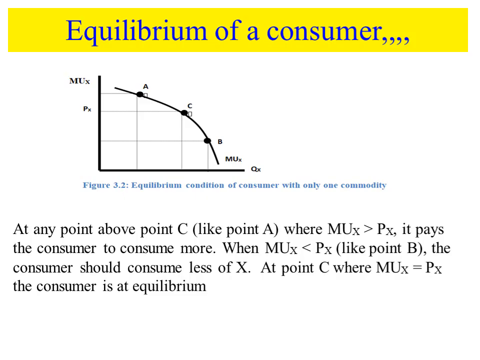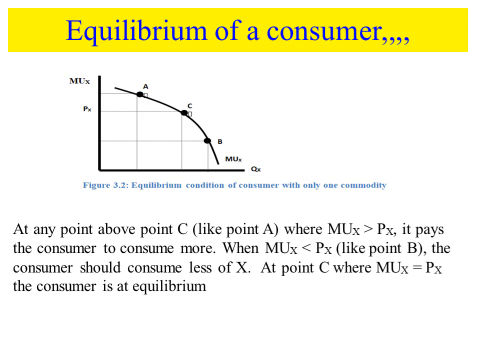At this time, you have to consume, because the satisfaction you get from the expenditure incurred is greater. So you are satisfied more than your expenditure. So continue to consume. It pays the consumer to consume more.